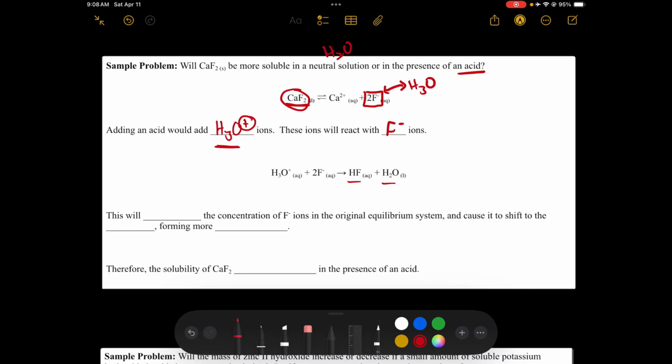But more importantly, when these two things react, they are forming other substances, meaning that we are decreasing our amount of product in this equilibrium system, and that is Le Chatelier's principle.